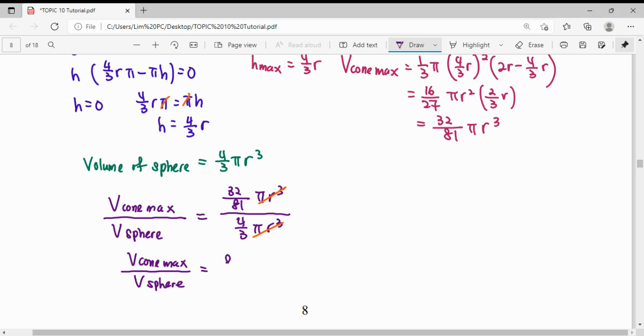It will give us 8 over 27. Therefore, we managed to prove that the maximum volume of the cone is 8 over 27 of the volume of the sphere. So this is how we prove our statement.